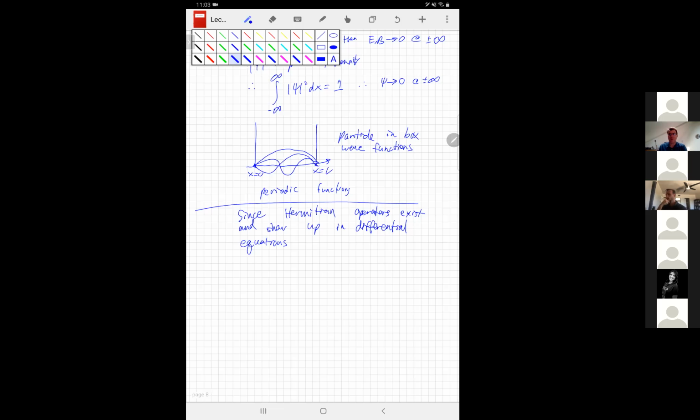In the Legendre equation, we've got 1 minus x squared multiplied by something. 1 minus x squared is a Hermitian operator, okay? The derivative is a Hermitian operator. All of these things that show up in our differential equations are Hermitian operators, okay? So all of the differential equations we've studied for the past few weeks have Hermitian operators in them.